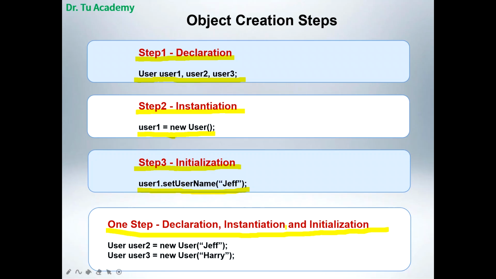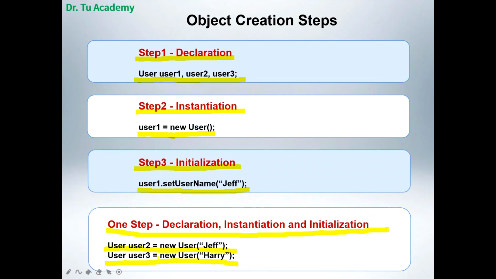We can also do declaration, instantiation, and initialization in one step. Here's how we can do that. We use the new keyword, but we use the constructor with the parameters. So we pass Jeff into the constructor, and user1 is created as an object with the username already initialized to Jeff.